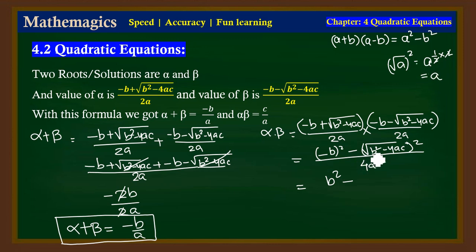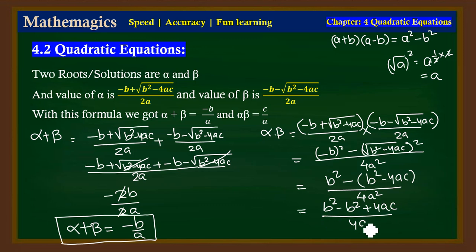So root of b square minus 4ac whole square gives us b square minus 4ac, whole divided by the denominator, that is 4a square. So the difference: b square minus b square, minus into minus becomes plus 4ac, divided by 4a square. So b square and b square get cancelled. The remaining part is 4ac divided by 4a square, so 4 and 4 get cancelled, and a and a get cancelled.